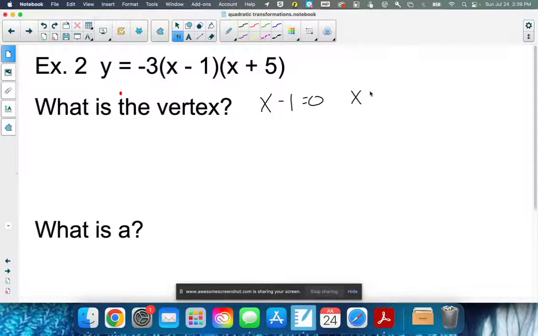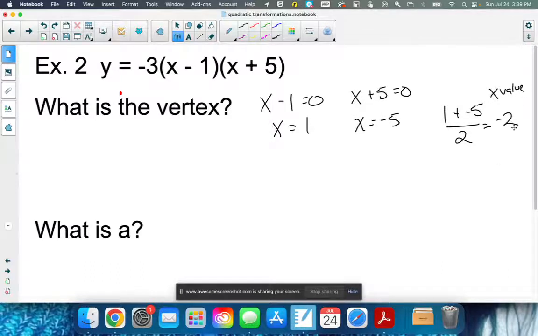Remember that you have to make the y equal 0 and solve each of the parentheses. So my x-intercepts are 1 and negative 5. And then halfway between them, 1 plus negative 5 divided by 2 is negative 2. So that is the x value of my vertex.